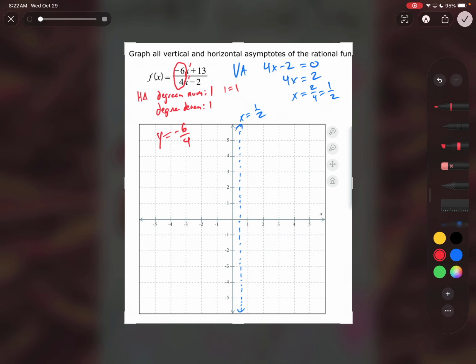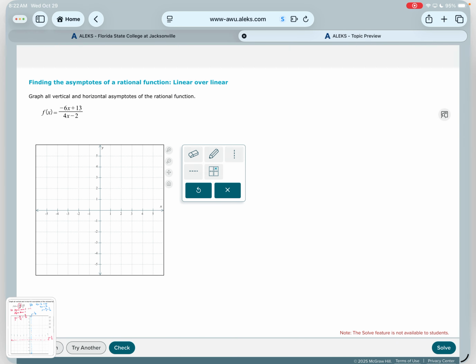That's what I mean by you take the leading coefficient of the front one divided by the leading coefficient of the bottom one, which you can reduce down to negative 3 halves. So that'd be negative 1.5. So it would be right here at negative 1.5. On this topic, I think all of them will be equal, so you will have to do that where you take the front number. I'll do another one just to make sure we got it.